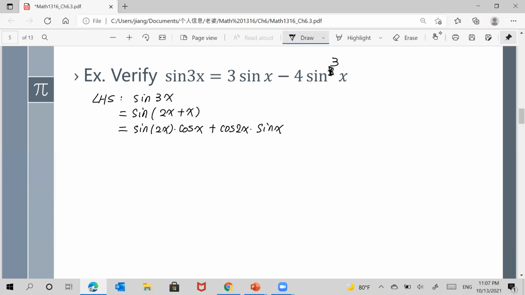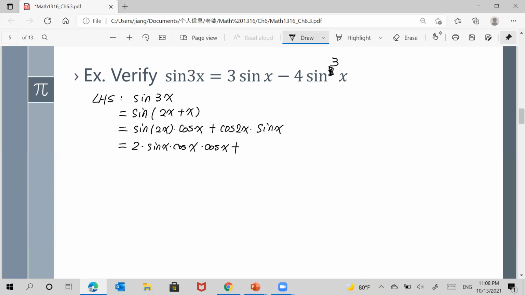It still has the 2x term, so use the double angle formula to get rid of the 2x. Sine 2x is 2 times sine x cosine x. This is sine 2x, and don't forget you have another cosine x, plus cosine 2x.